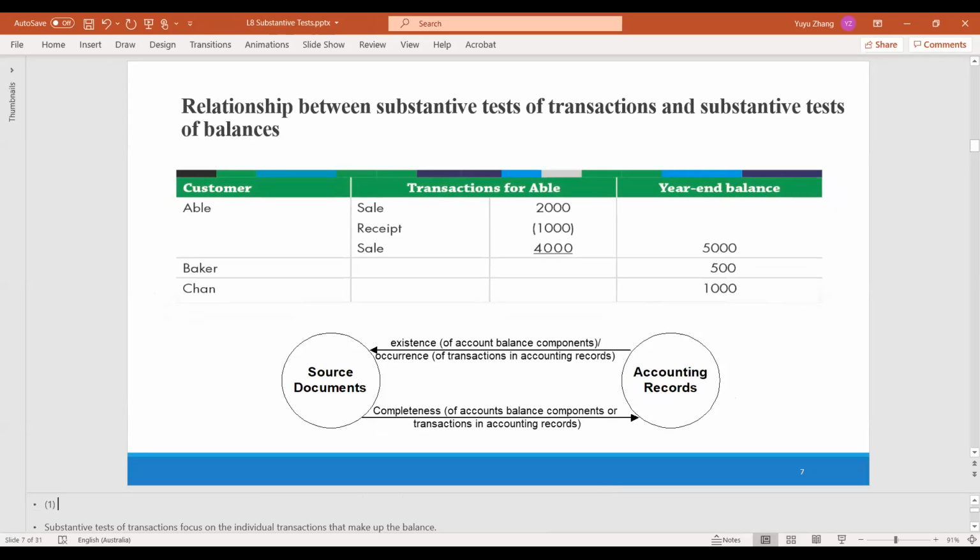The first one is to get evidence for the existence of underlying documents. Because all the sales transactions should correspond to some underlying transaction documents, like the invoices, the shipping documents, the orders, right?